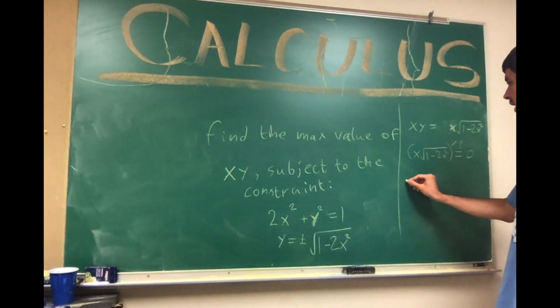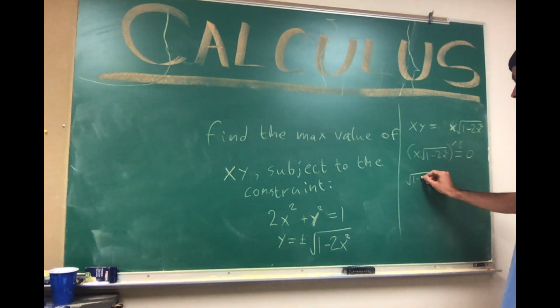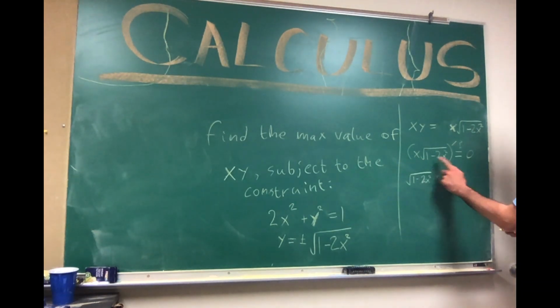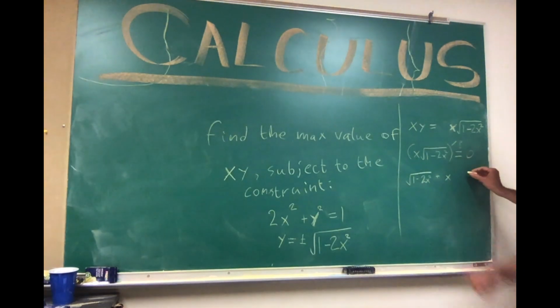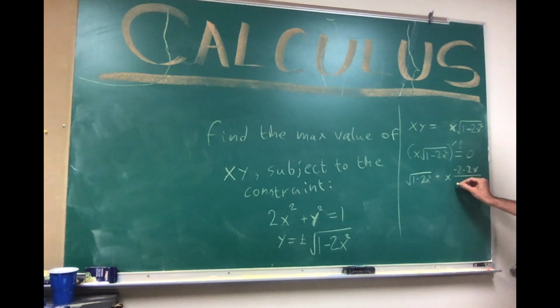So product rule, this is 1 minus 2x squared plus x times, and then chain rule right here, we're going to have x times minus 2 times, that's the coefficient of this x squared, minus 2 times 2x all over the square root of 1 minus 2x squared.